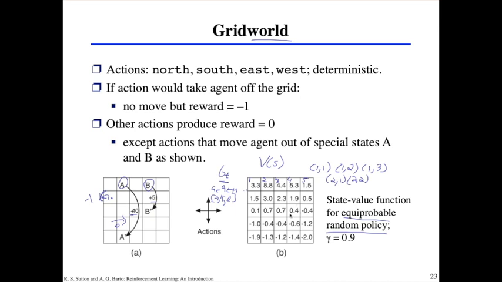In order to get this value function, we need to have all of these elements. We need to have the rewards, which are also given here. We need to have these special states A and B, so the entire reward function. We need to have what the actions are.